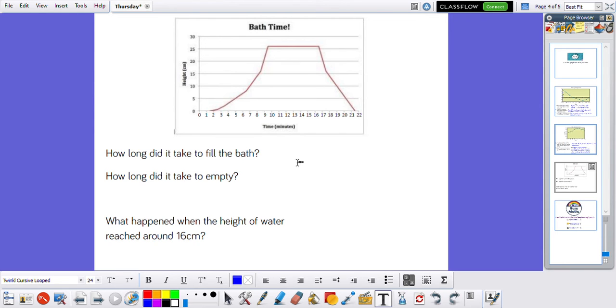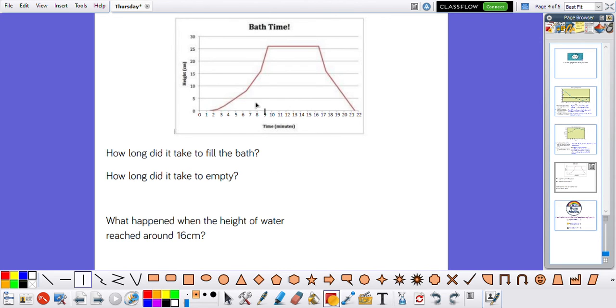Okay, so it took to fill the bath, probably, I think it took 8 minutes. So if I go to here, I think it took 8 minutes. Or just about 8.5 minutes, okay?